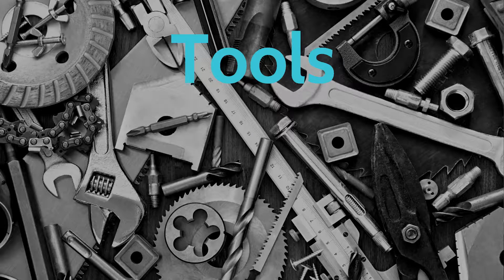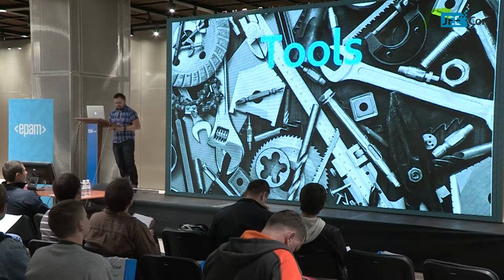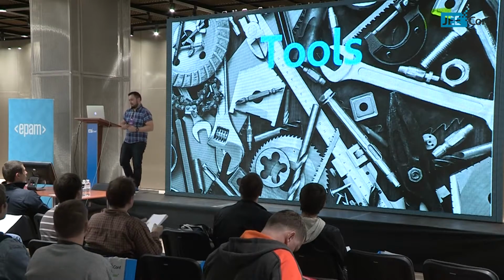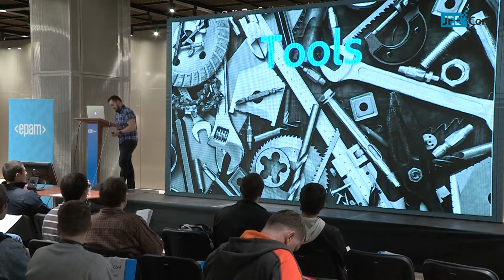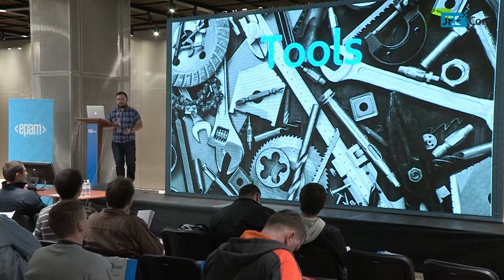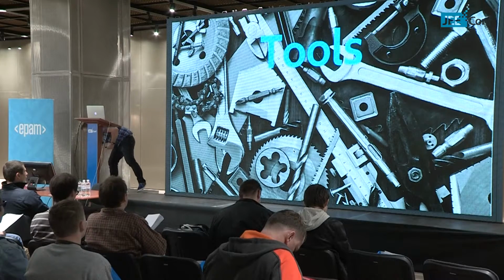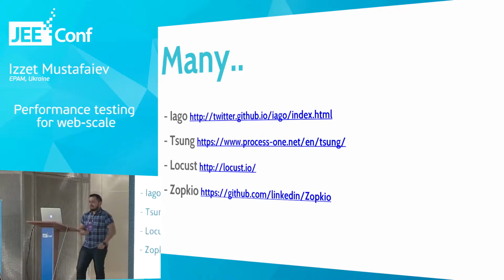And that's probably it for this theoretical part. And next, we are moving to an overview of existing tools that could be used by developers to make a performance test. Actually, there are many different tools.